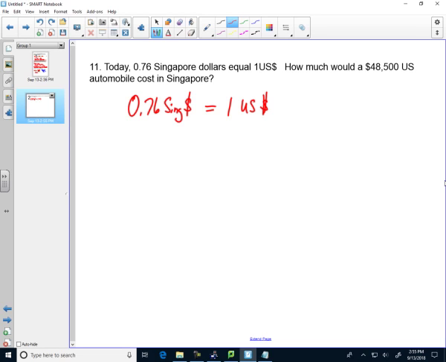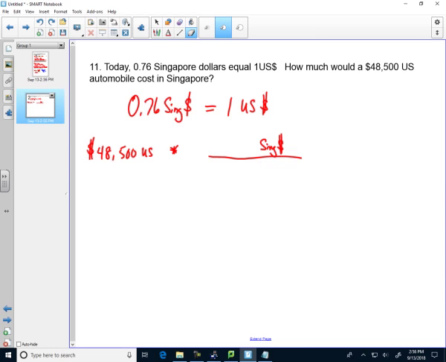So we start out with a $48,500 car, and that's US. And we want to wind up with Singapore dollars, don't we? So look, do we have a conversion between Singapore dollars and US dollars?